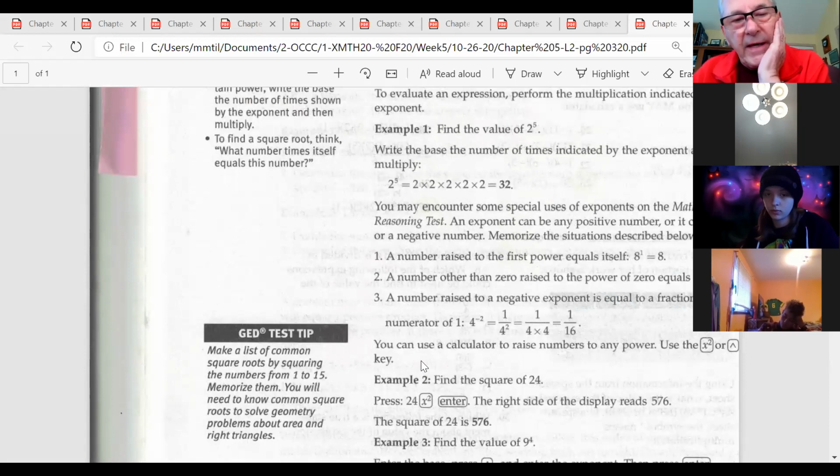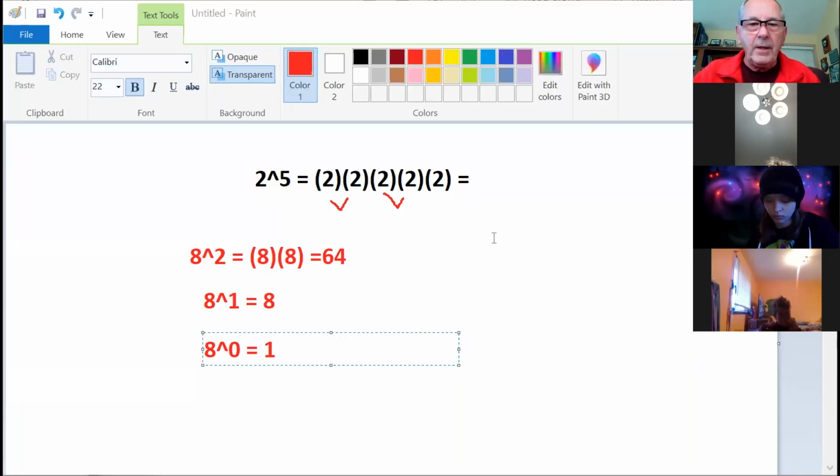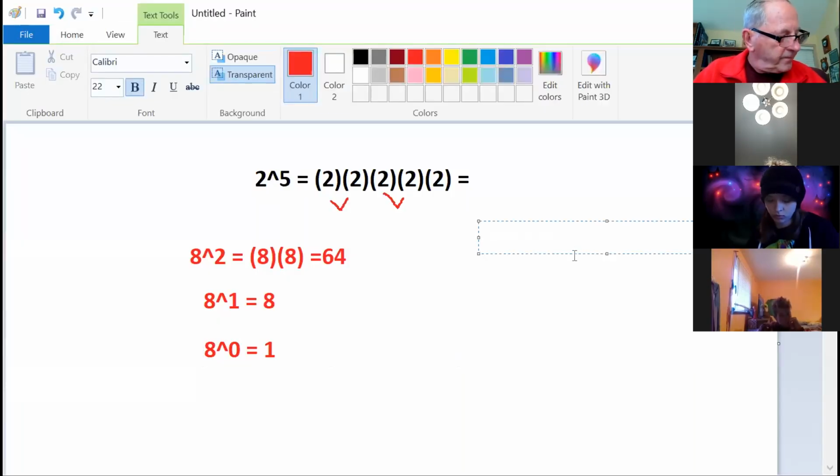Okay, so now if they have a whole number to the negative exponent, we convert this to 1 over that number. So let me see if I can do this to make sense for you. So if you had a deal like this, first of all, we said that 4 squared is equal to 16.